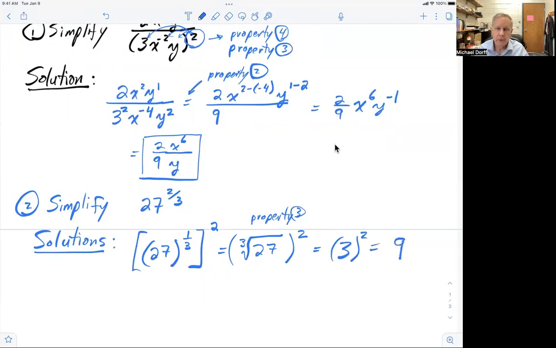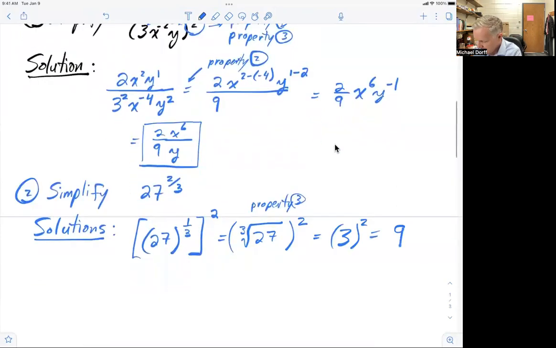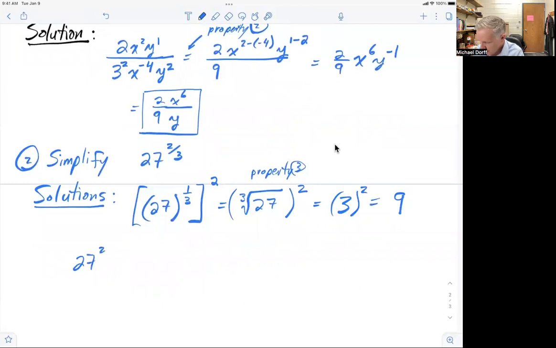In a problem like this, where you started off with 27 to the 2/3, you could have done 27 squared and then taken the cube root of it. So you could have done 27 to the 2/3 equals 27 squared, all to the 1/3 power.